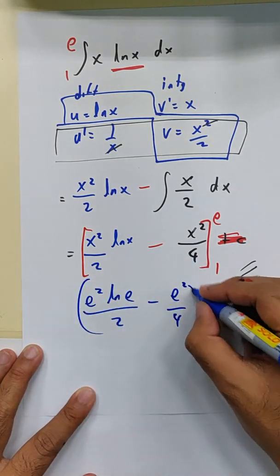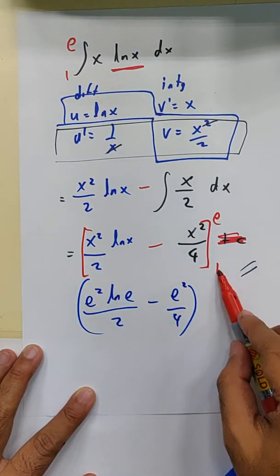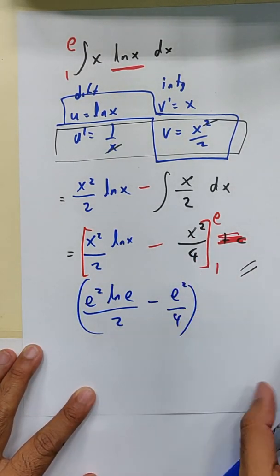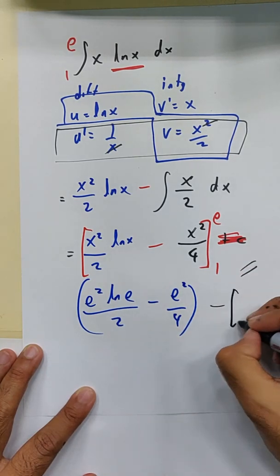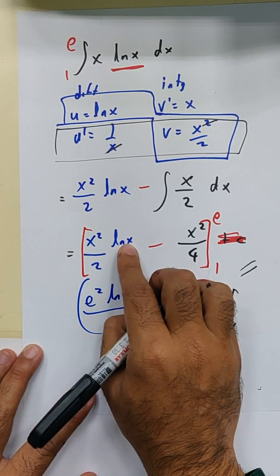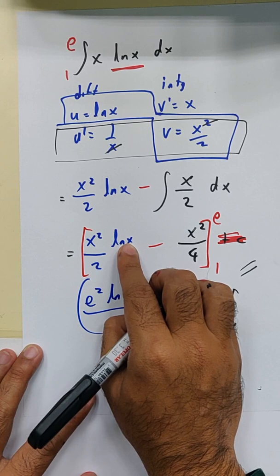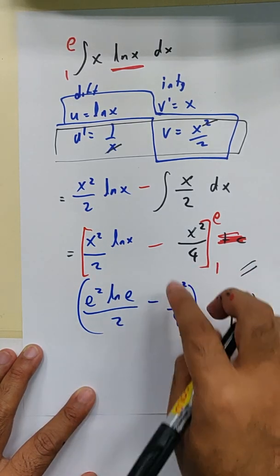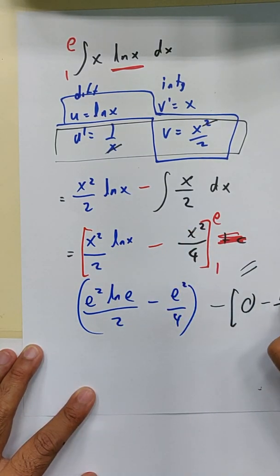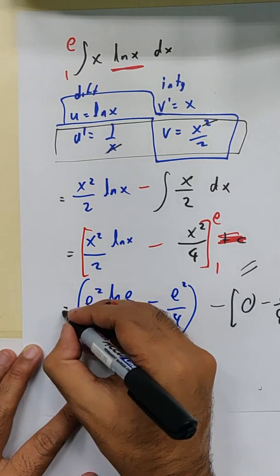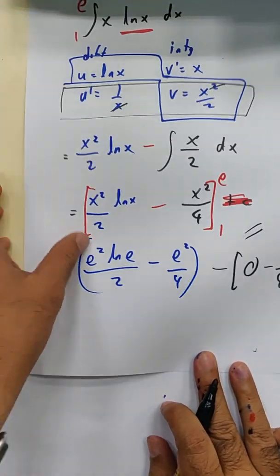I will write them down, and then only I put this negative, only then I put the 1 minus ln 1. ln 1, 0, boom, minus 1 over 4. Okay?